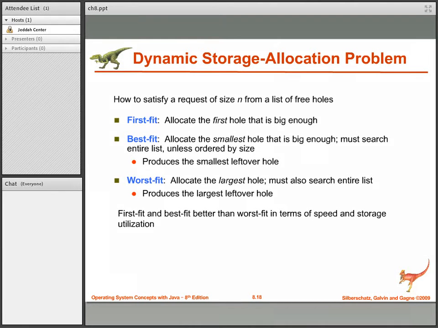The first fit and the best fit are better than the worst fit in terms of speed and storage utilization. Each one has its own advantages and drawbacks.